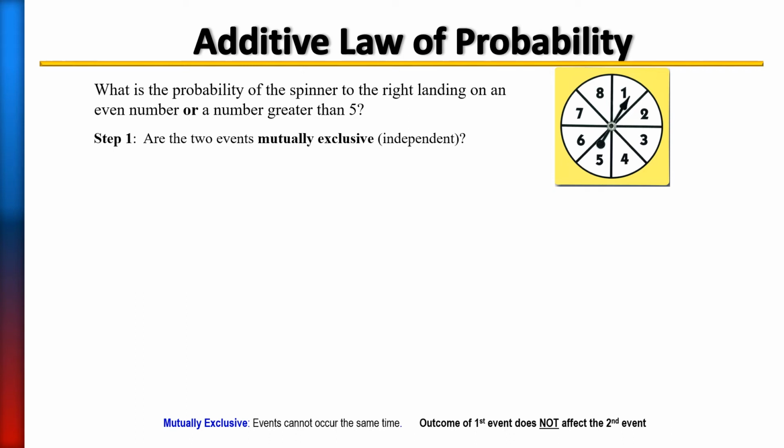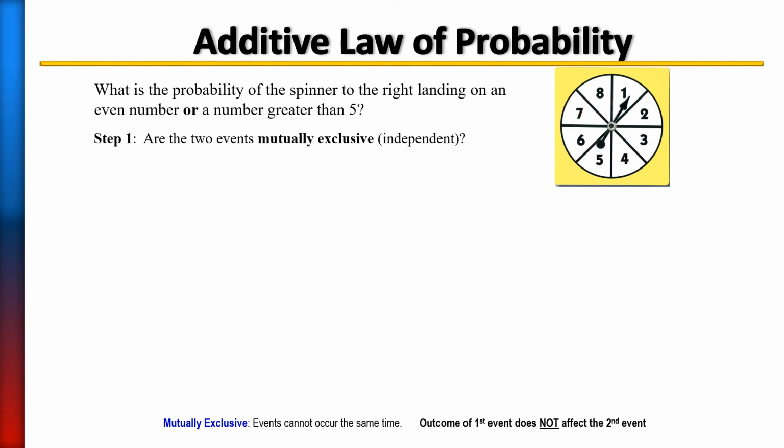Well, let's see. Landing on an even number, that would be your 2, 4, 6, and your 8. A number that's greater than 5, that doesn't include 5, so that means it would be 6, 7, and 8.